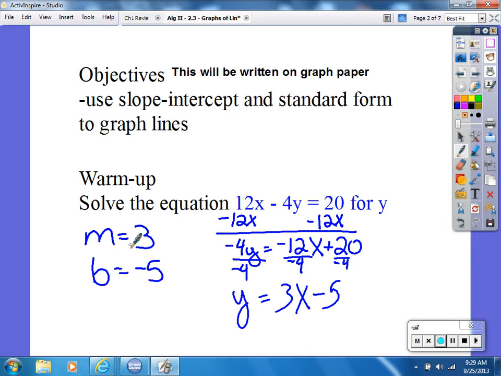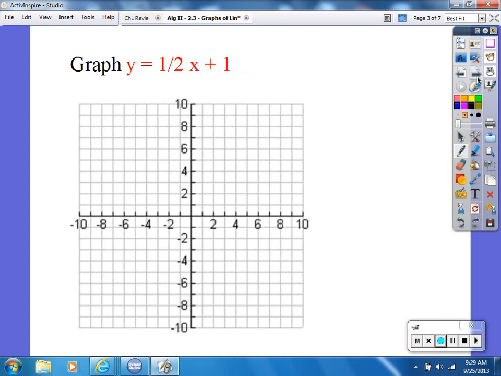So now, let's go ahead and graph that on our first graph. Y equals 3x minus 5. Raise your hand and tell me, what do I do first? Tyler. I go down 5 on the y-axis, right? That's right.